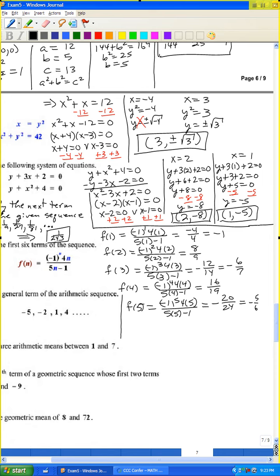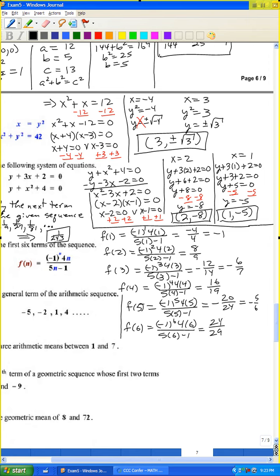And the last one, f of 6, -1 to the 6, 4 times 6 over 5 times 6 minus 1 is equal to a positive 24 over 29.